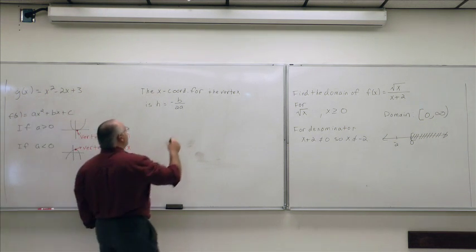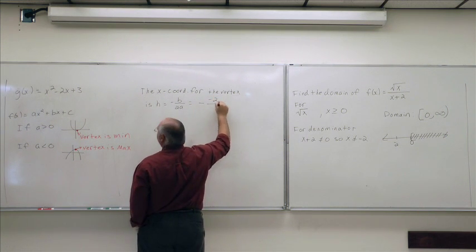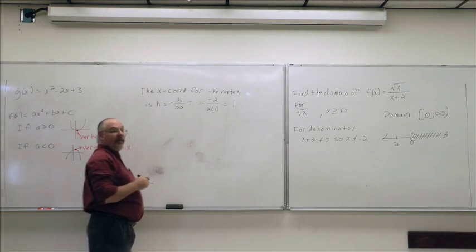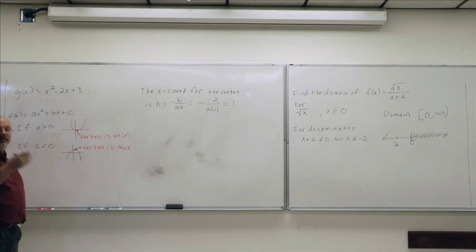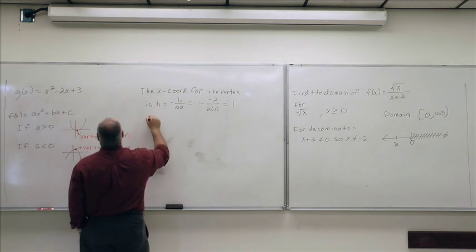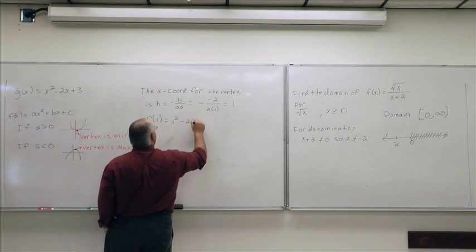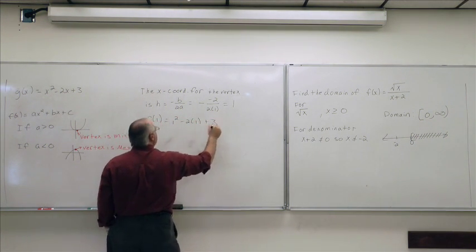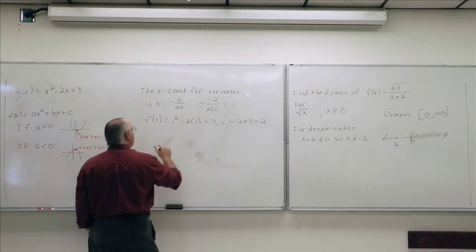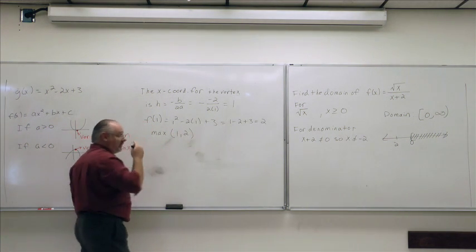So in this case, negative b over 2a is negative negative 2 over 2 times 1, so you're going to get a positive 1 there. Right? The negatives cancel, 2 divided by 2 is 1. So then f of 1 is 1 squared minus 2 times 1 plus 3, is 1 minus 2 plus 3, is 2. So the maximum is at the point (1, 2).